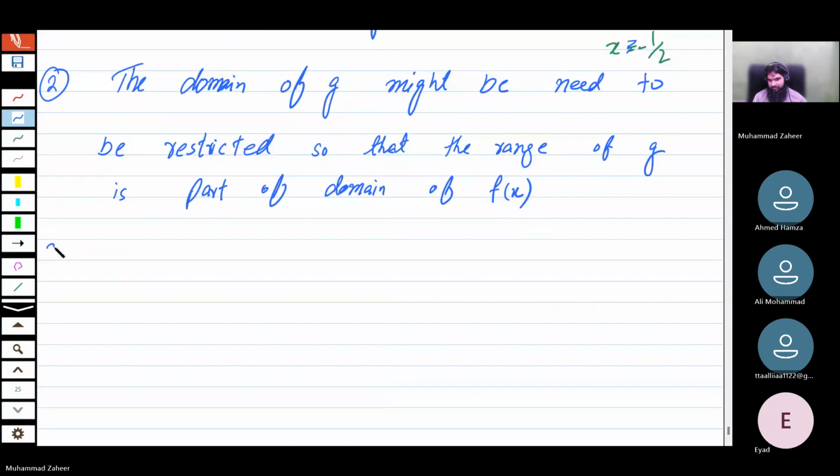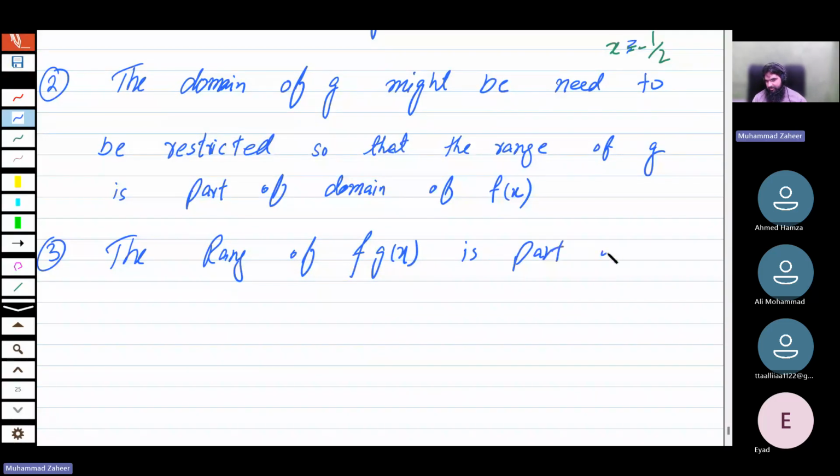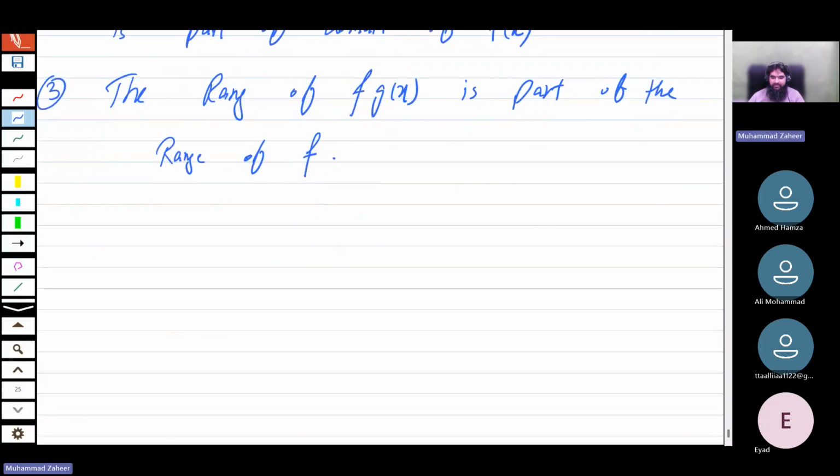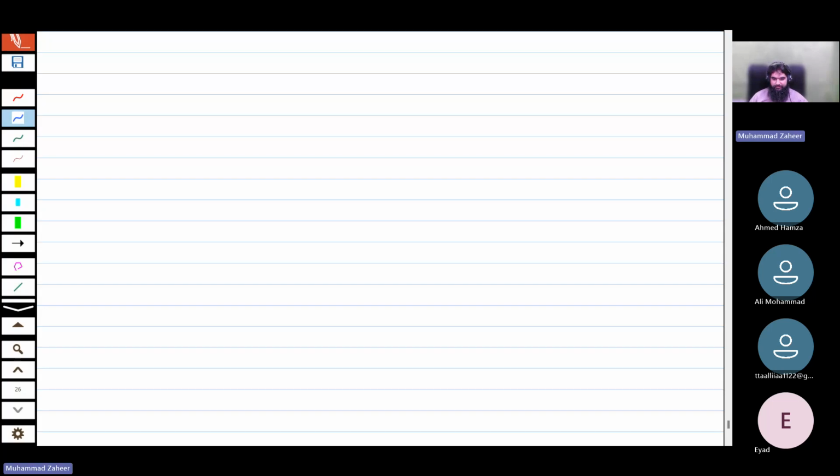And the range of f of g of x is part of the range of f, depending upon the values that you substitute as input.